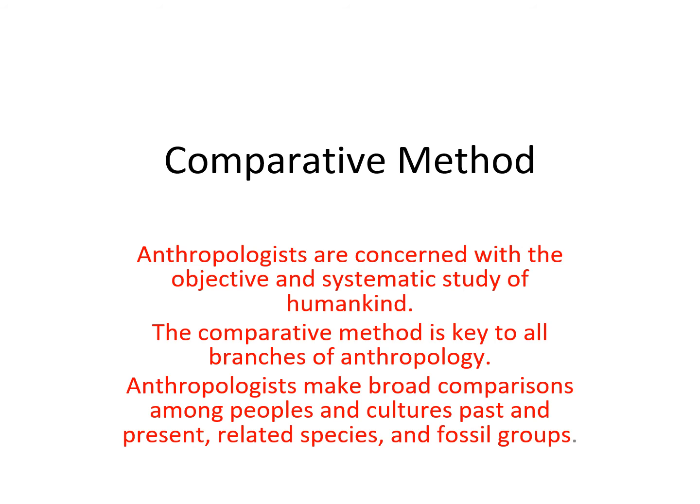Now, one of the things that's most critical in anthropology is the comparative method. Ideally, this is the very key, and that is looking at broad comparisons, both present and past, among cultural groups, to really try to understand what is going on and what are some general patterns that might be emerging.